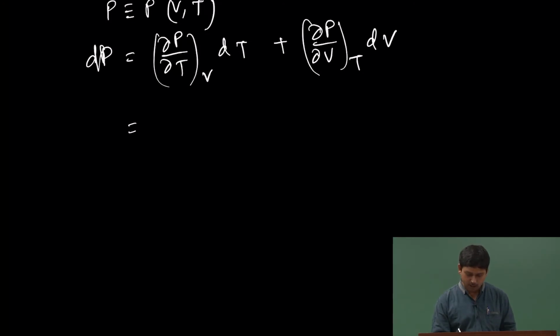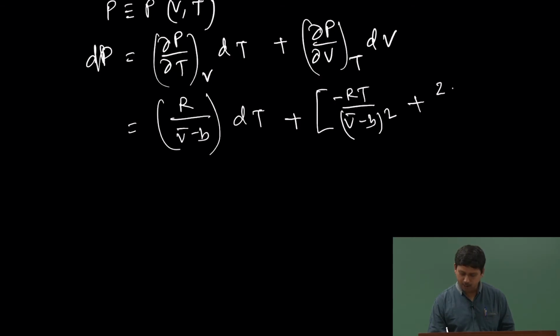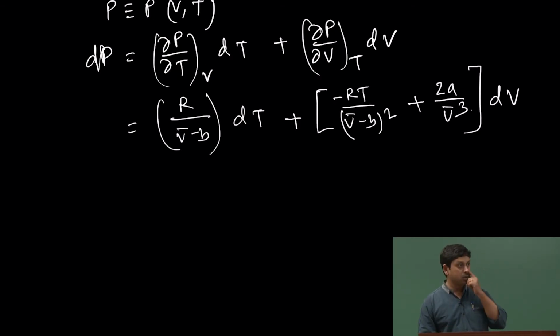It was R by V minus B dT, and the second one was minus R T by V minus B square plus 2A by V cube into dV. Okay. So, this was the derivation.